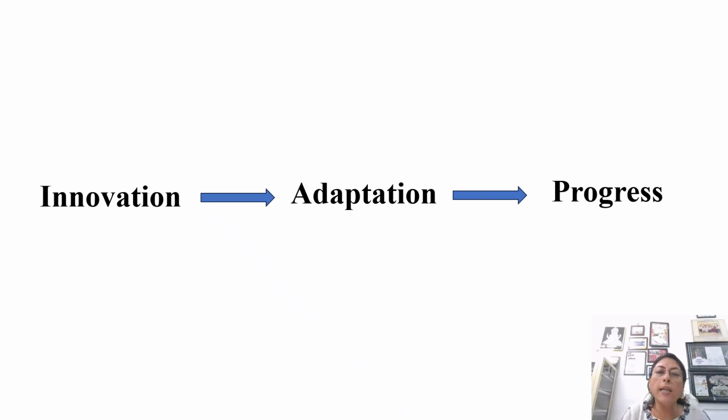So we have to understand that this is a journey, a process which starts with innovation, adaptation to what is required for dentistry and our use, and then we make progress by understanding the limitation of each material, because till date there is no material which is actually very perfect and very one size fits all material which can be used in dentistry.